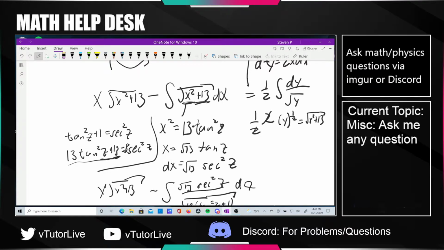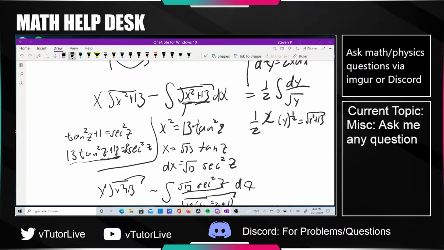This is what trig substitution integrals are, right? When you see an x squared plus 13, or something that looks like this, you should get to the point where your intuition is just screaming tangent, right? Because this is the substitution. The idea here is that the square root of a sum of two terms is really hard to deal with.